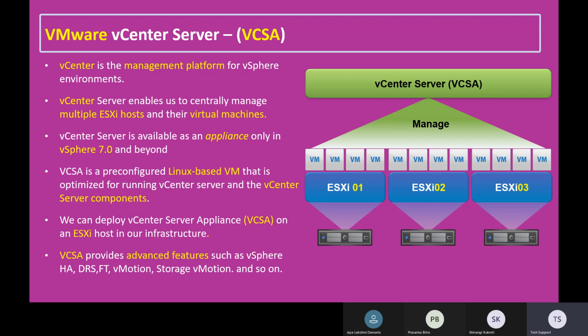These are all the ESX components. Similarly, when we install vCenter Server, it includes some additional components. We'll discuss that information today. And we can deploy the vCenter Server appliance on an ESXi host in our infrastructure.